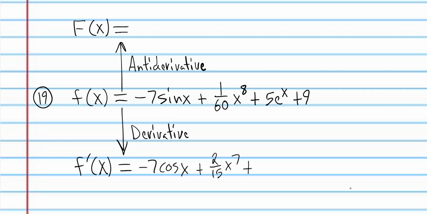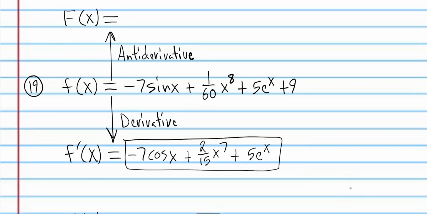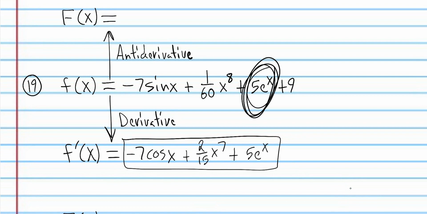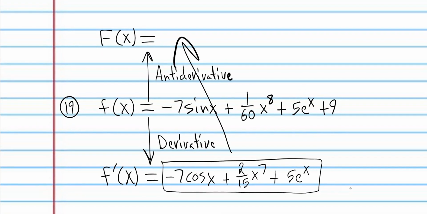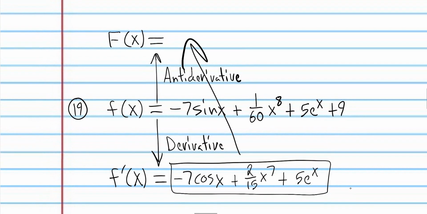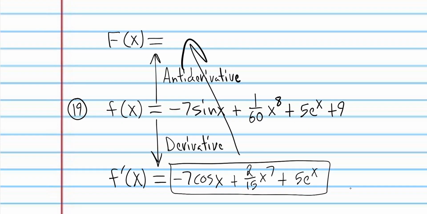And the derivative of e to the x is just e to the x, using the constant multiple rule there. So the derivative of a constant times a function is equal to the constant times the derivative of the function. Well, the derivative of the function is just e to the x. Now let's go backwards. So the derivative of cosine is negative sine. So we need a cosine there.